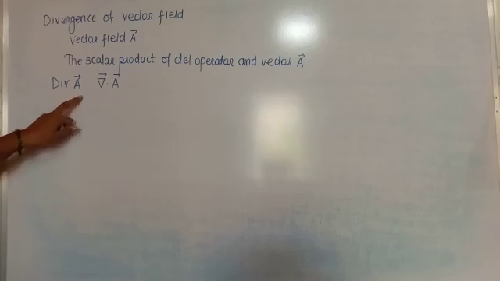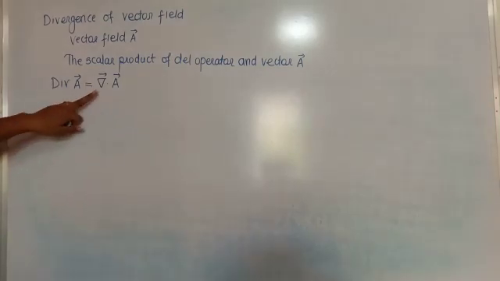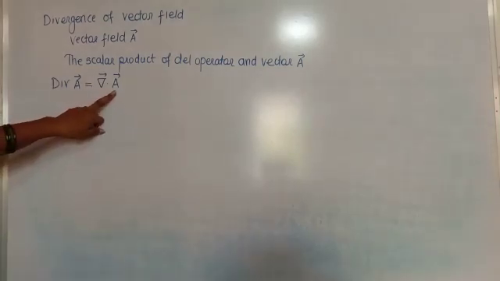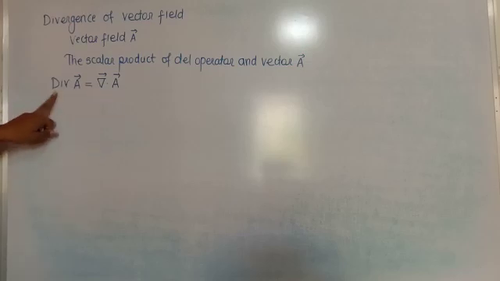So div of A is equal to del dot A, meaning the dot product of the del operator and the vector field A. It is known as the divergence of A.